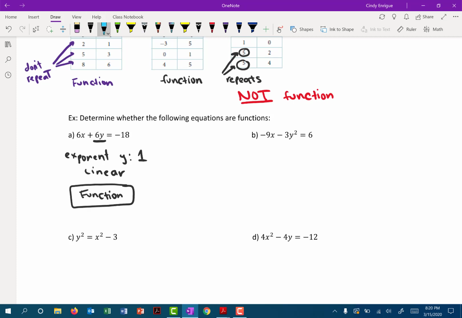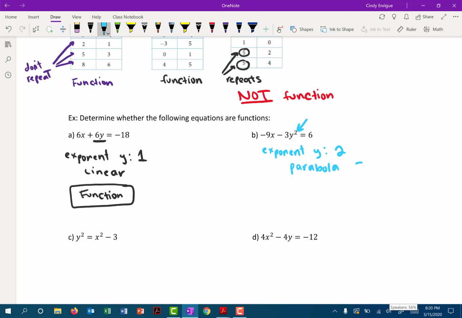Now for part B, let's look at our y value. See this exponent? Well, we have that the exponent on y is now 2. And this is actually going to represent a parabola.